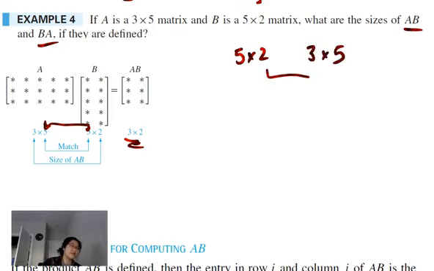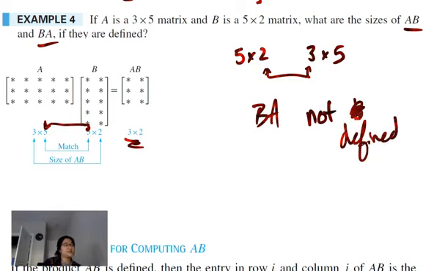Nope, we do not have matching inner numbers, because we don't have the right number of entries in our column vector that will fit our rows in the other matrix. So BA is not defined.